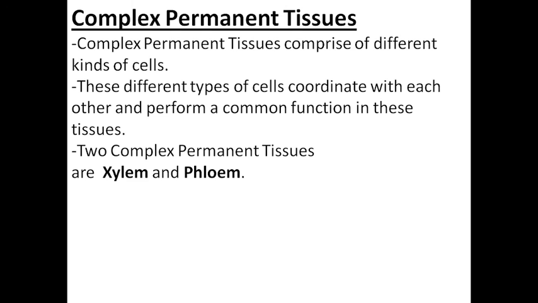As they provide and transport the food and water, only then can the plants do their functions. If you do not eat, you cannot do any activity. So if xylem and phloem tissues are not there, they cannot transport the food and water to the plants, so plants will die.